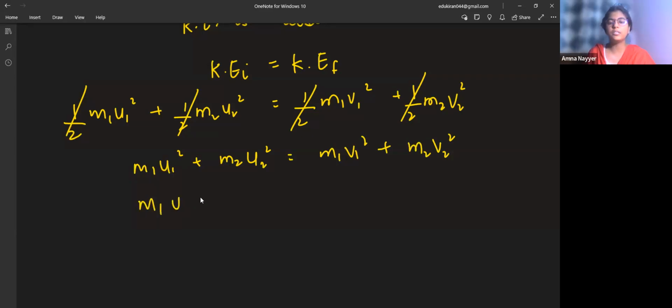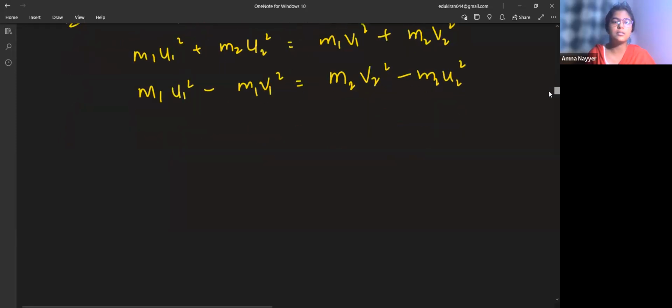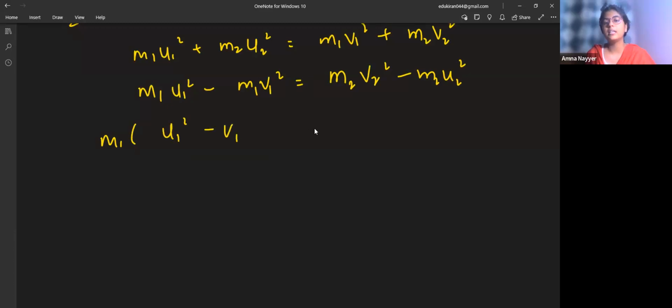So m1 u1 square minus m1 v1 square is equal to m2 v2 square minus m2 u2 square. Again, let's take the things that are common. Masses are common. If we take m1 common, we obtain u1 square minus v1 square. For m2, this is v2 square minus u2 square.